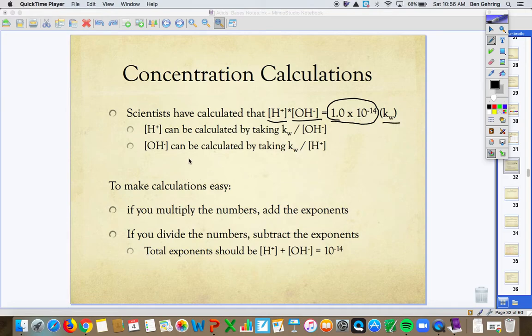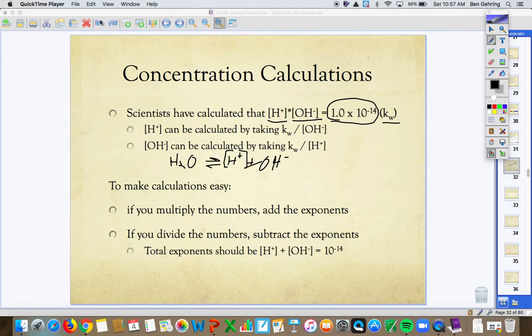In pure water, we have H2O. We talked about how when H2O dissociates, it splits into H plus and OH negative. Or if we have two waters, it's H3O positive plus OH negative. Same situation.